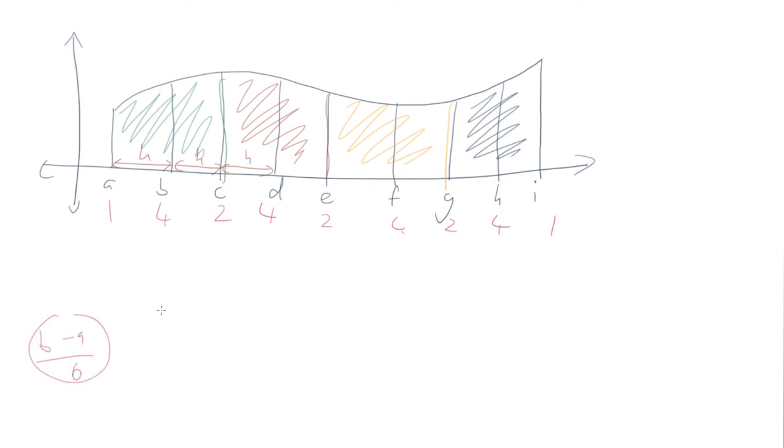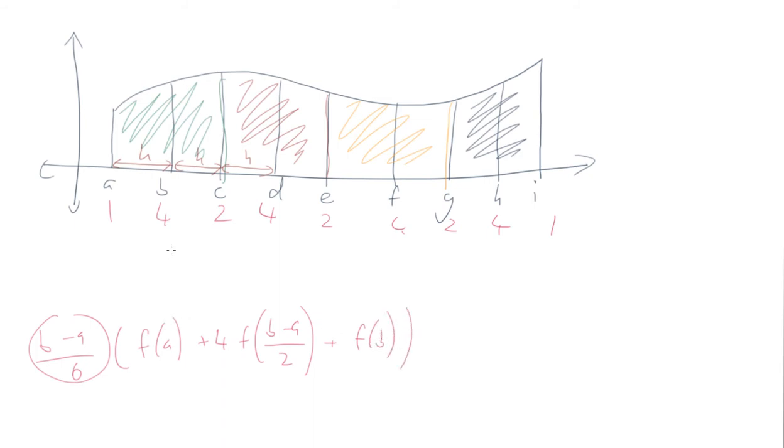It's the h on 3 part, then it says f of a plus 4 f of (a plus b) on 2, plus f of b. So that's for one approximation.